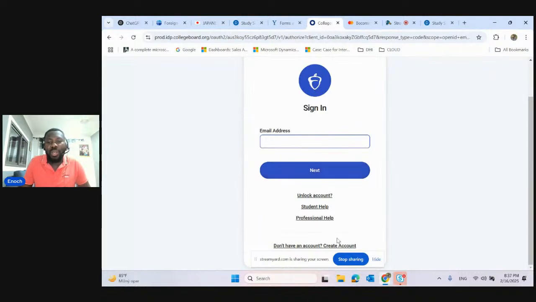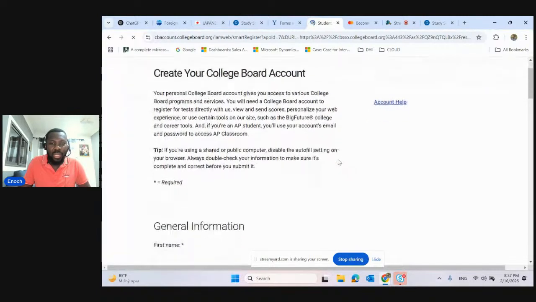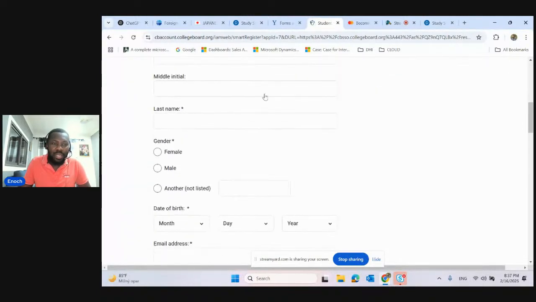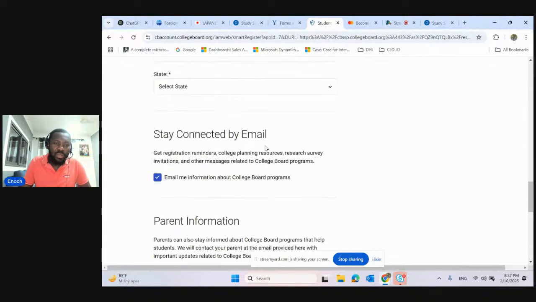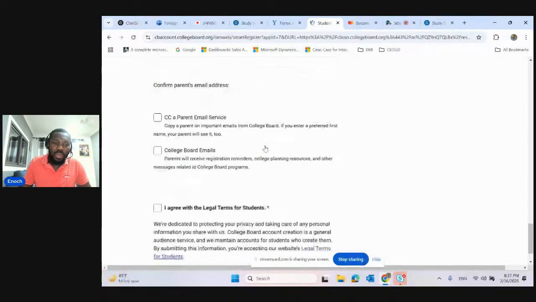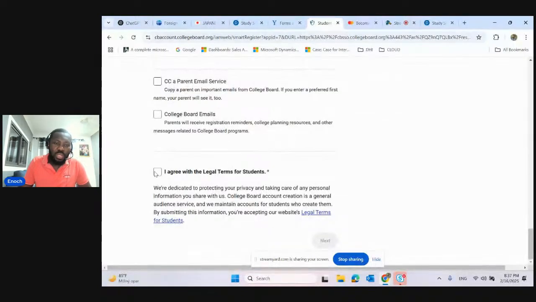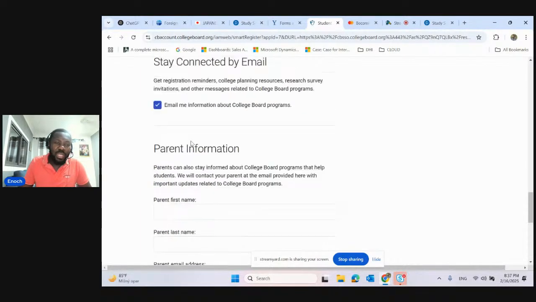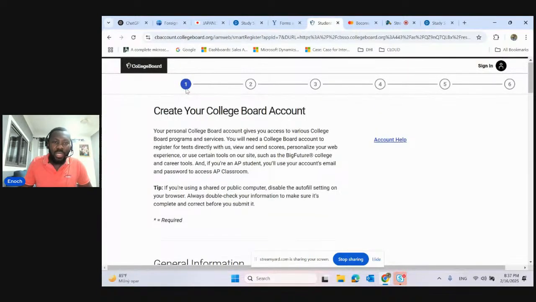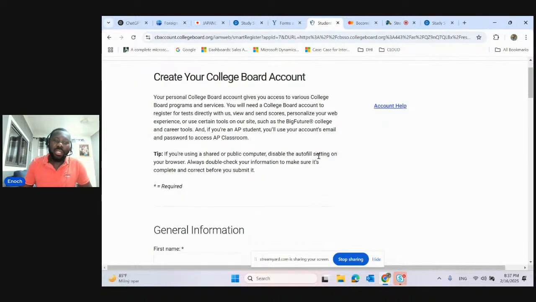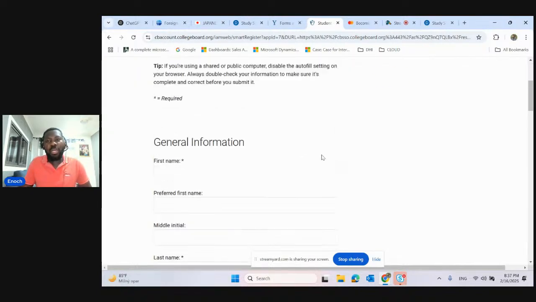Yes, I don't have an account. You can create an account by providing the information they are requesting about you. And once you have managed to meet all this, you would consent and go to next. But because I have not provided the required information, I cannot move to the next. You will go through all the stages, complete, and then submit your application.